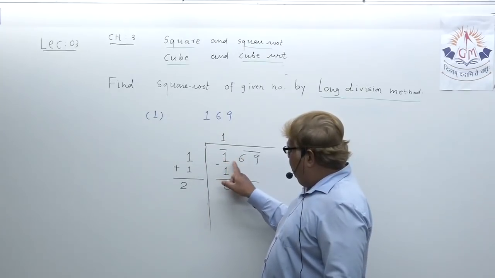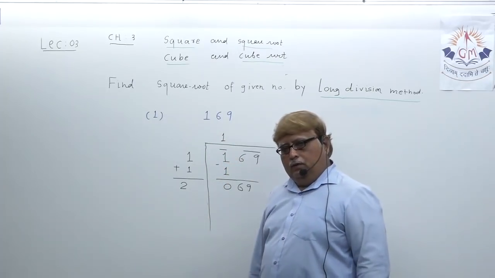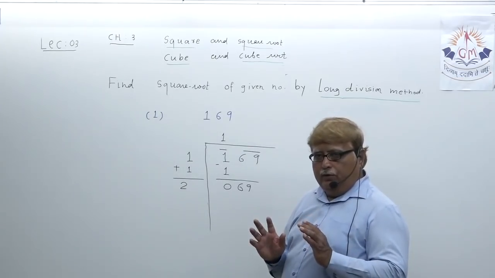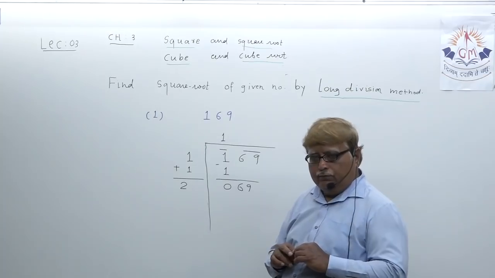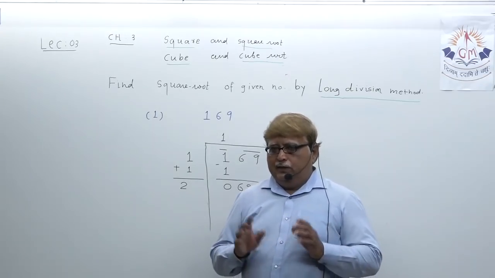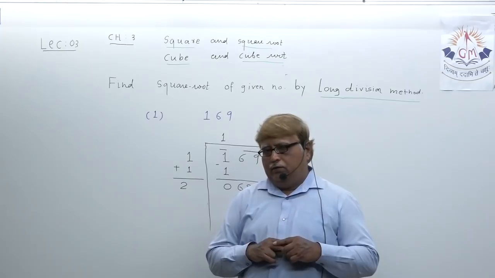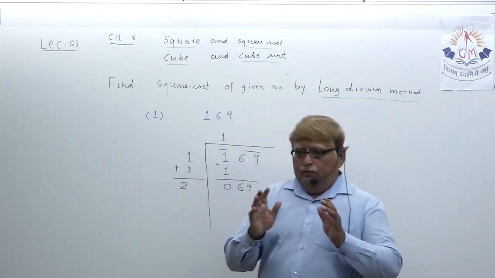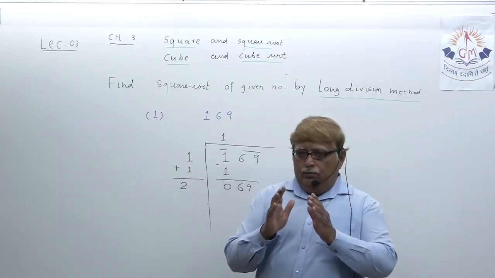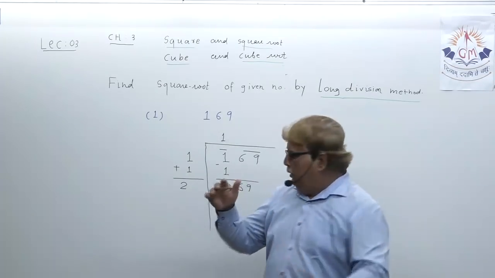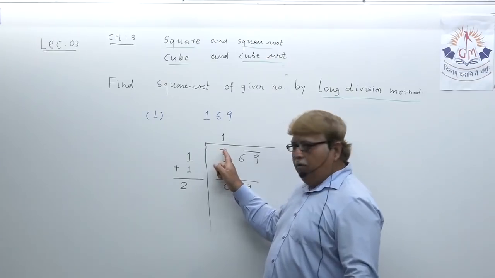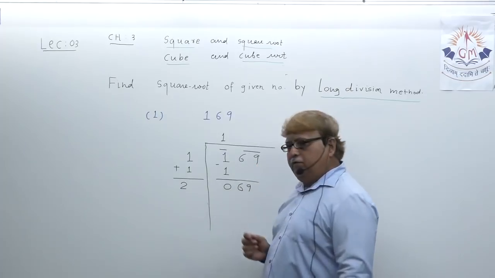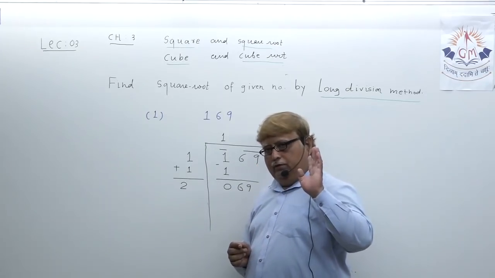We wrote this number 169 inside the division sign. Tell me, that number consists of how many digits? 3 digits. So we divided the number into two parts. The first part containing 1 digit by an overhead line, ascent line you can say, and another part consisting of 2 digits.